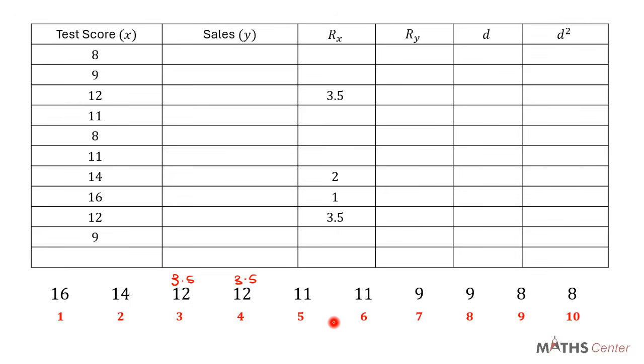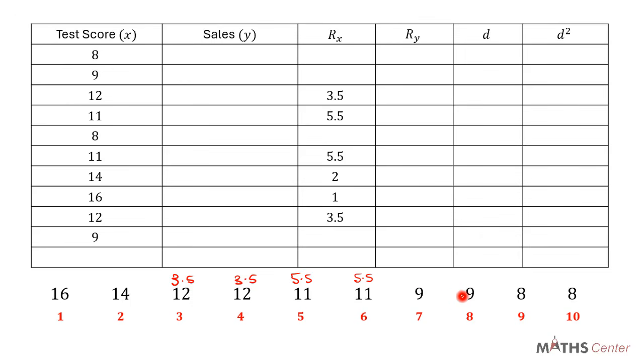Then you divide it by 2 and 11 divided by 2 gives us 5.5. So 11 will have a rank of 5.5. The first 11 here will have a rank of 5.5 and the second 11 also has a rank of 5.5. So in our table, this 11 has a rank of 5.5 and this one also has a rank of 5.5.